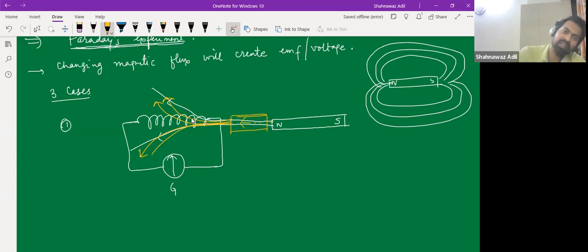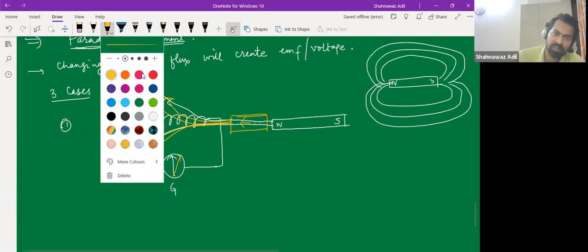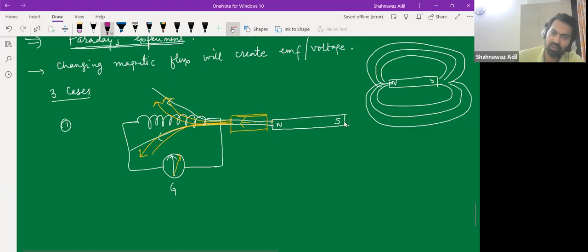In the first case, let's say the galvanometer shows a deflection to this side. But when you move this magnet away from this coil, it will show a deflection in the opposite direction. So the current would be in the opposite direction.